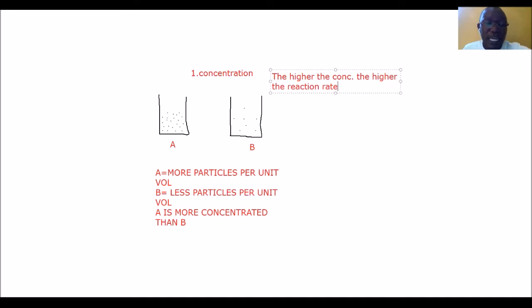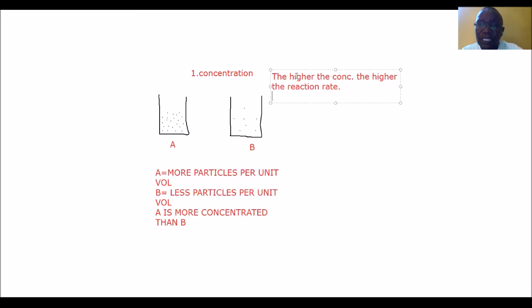So when there are many particles per unit volume in the reactants, then the reaction rate will increase because of the high concentration.